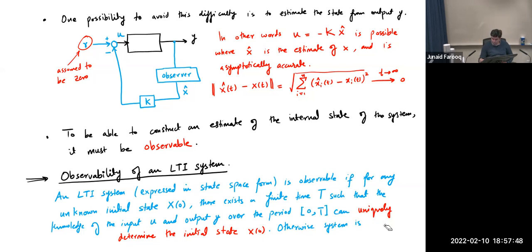So indirectly, what it means is you are not able to determine what the state of the system was at each time instant, right?